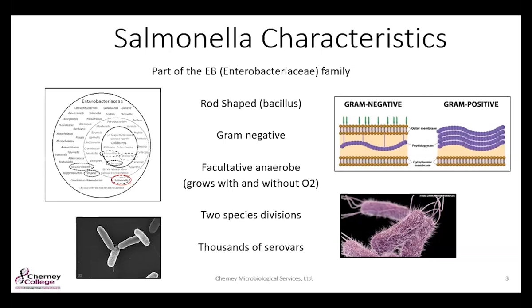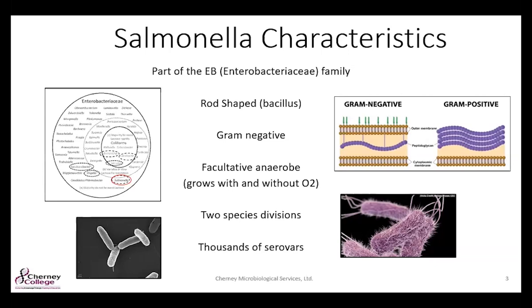When we do gram staining in the lab, gram-negative bacteria are going to stain as pink when we look at them under the microscope, and gram-positive bacteria are going to stain as purple. Salmonella is structured, and this cell wall is going to be gram-negative, so it's going to look like the left side of that photo there.